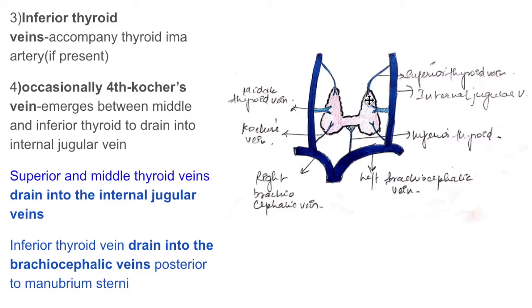So the idea is that the superior thyroid vein and the middle thyroid vein drain into the internal jugular vein, and the inferior thyroid vein drains into the brachiocephalic veins posterior to the manubrium sterni. So of the three veins, the superior and the middle drain into the internal jugular, and the inferior drains into the brachiocephalic vein.